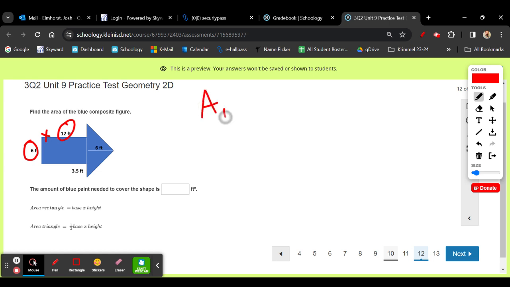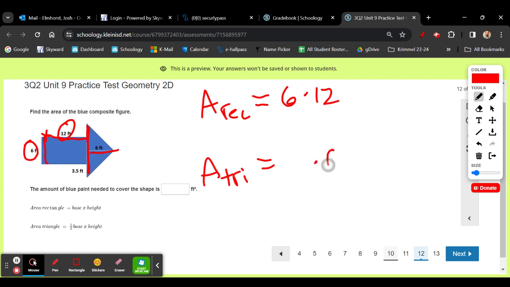We got the area of a rectangle, and then we have the area of a triangle. So rectangle is 6 times 12, and then the triangle is going to be base times 6 for the height and divide by 2. So let's estimate here a little bit.